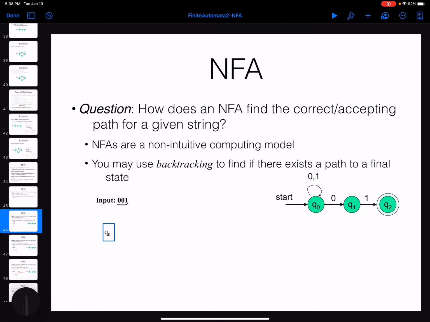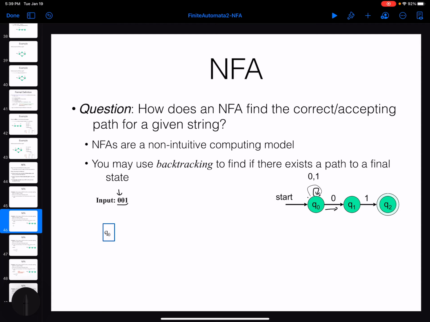So what would happen here? Starting from Q0, you start reading the input string. From Q0, by reading the input symbol 0, I can see that there are two transitions. I can either go to Q1 or stay at Q0.